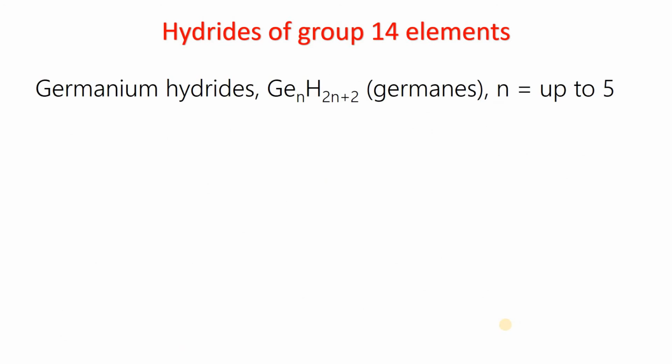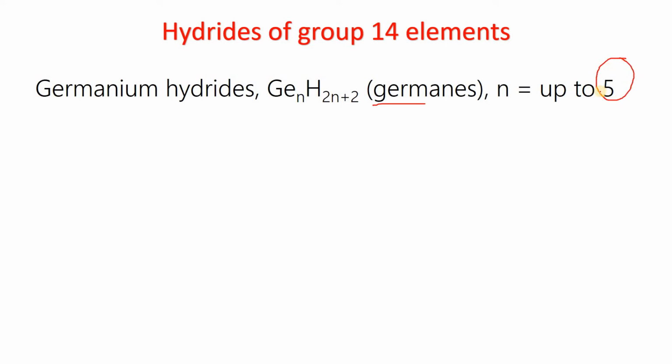Then come to the germanium hydrides. The germanium hydrides with formula GenH2n+2 are known as germanes. N is only up to 5.